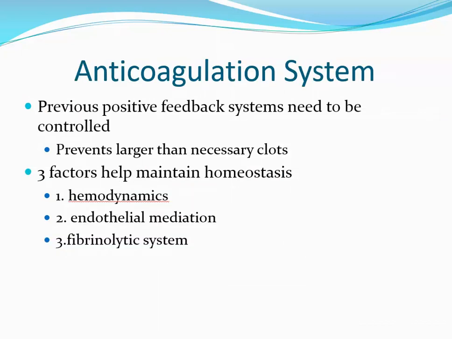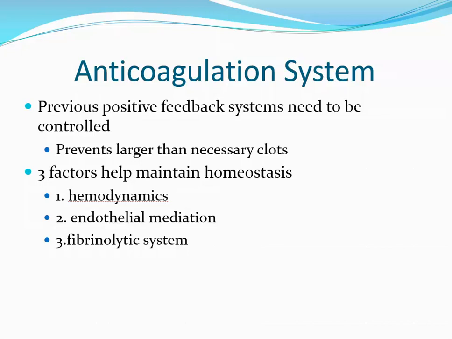Now, all of these positive feedback loops need to be controlled. We want to prevent forming a clot that is larger than necessary. If a clot becomes too large, it runs the risk of preventing blood from getting through that vessel, and that will be very dangerous to the downstream tissues. They would not get their nutrients and oxygen supply.